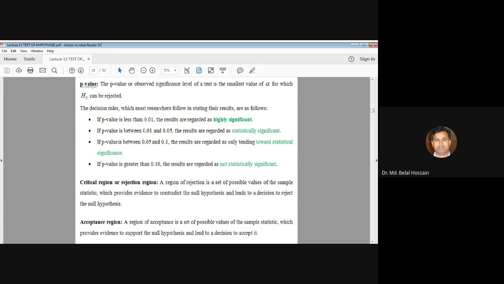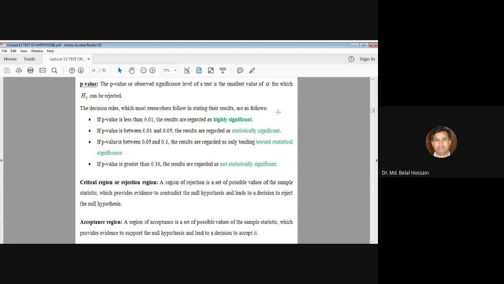Okay, because for that value we can reject the null hypothesis. If you stay with study and teaching and doing research, this p-value will bother you, okay, if you don't understand it. So do not forget that it is actually the smallest alpha value for which you can reject your null hypothesis.